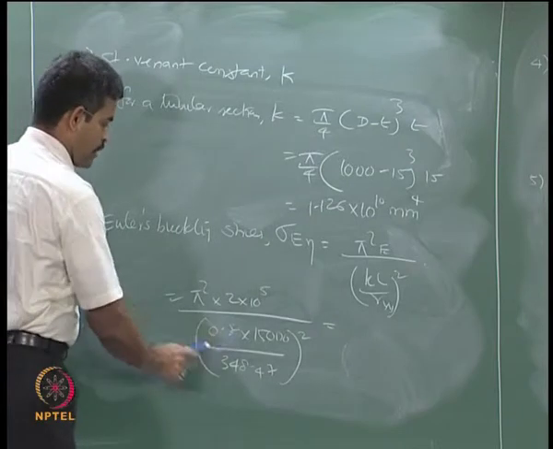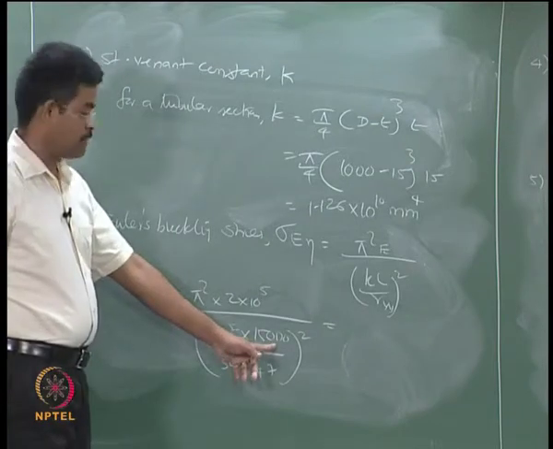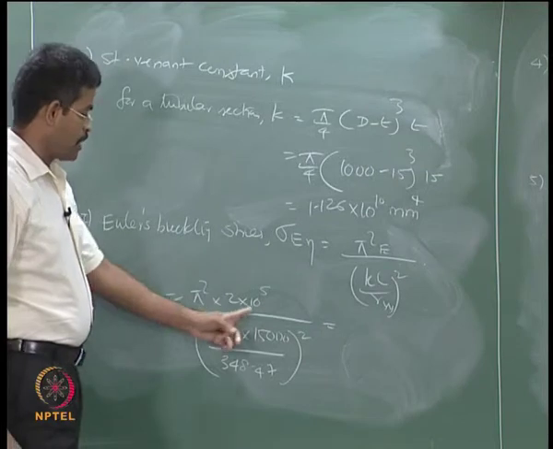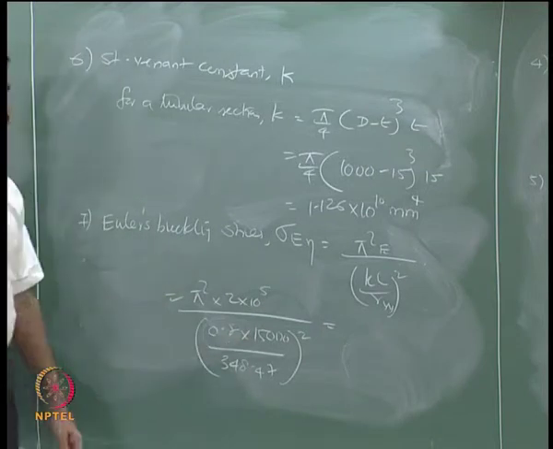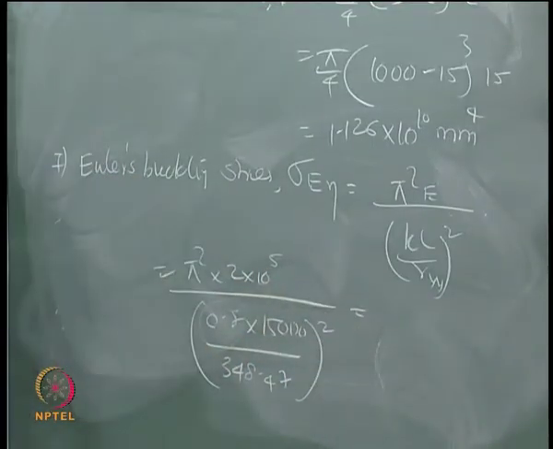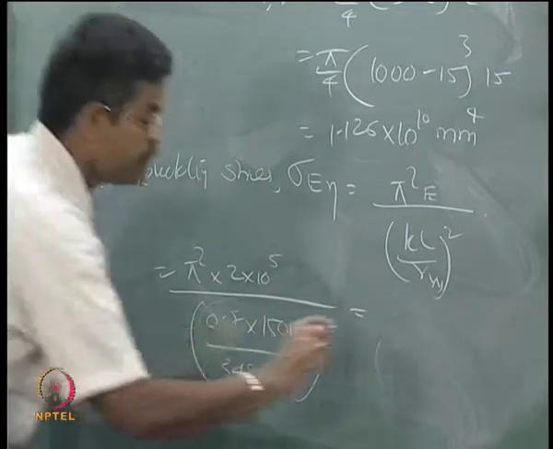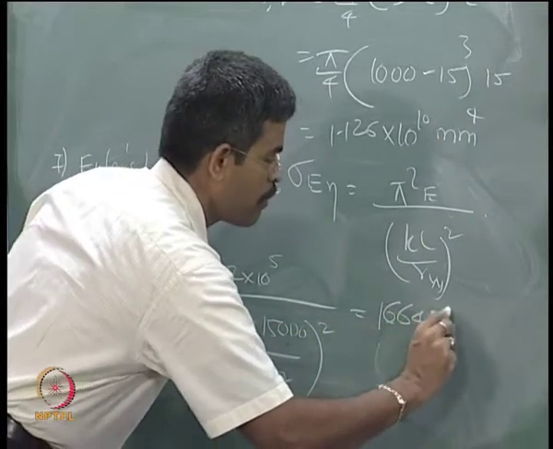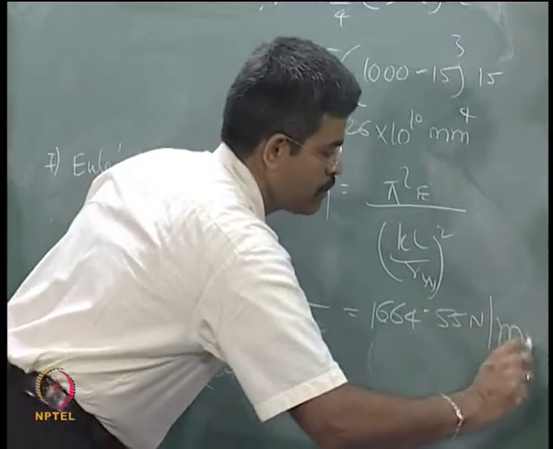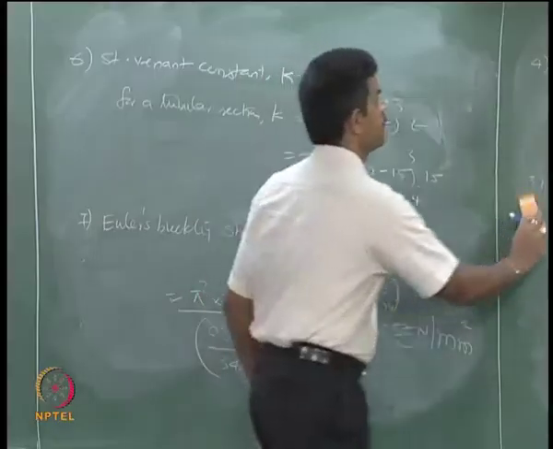So, 0.8 is the factor of the effective length and length is overall length is 15 meters. So, pi square EI by KL by RY by square. So, I get this value as 1664.55 Newton per mm square.